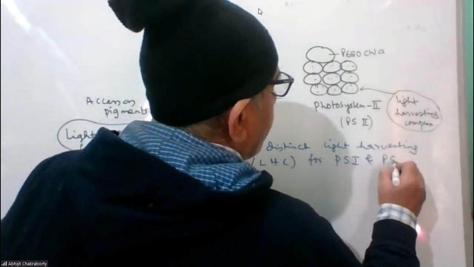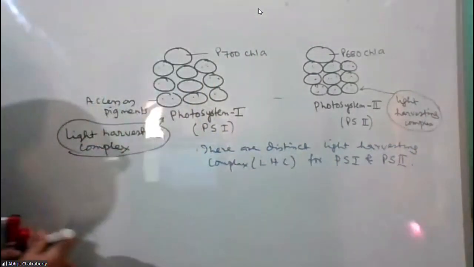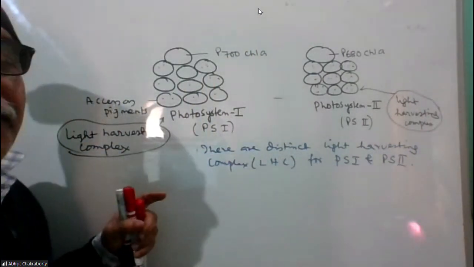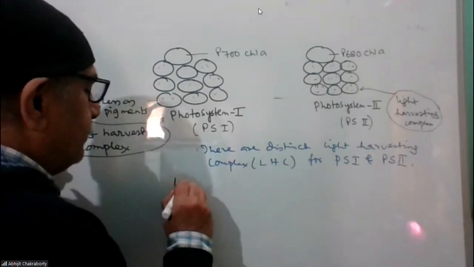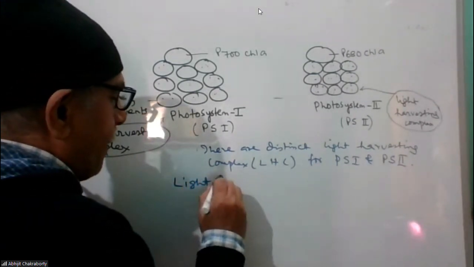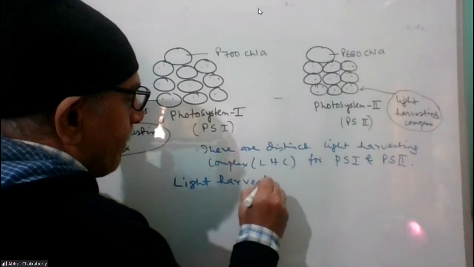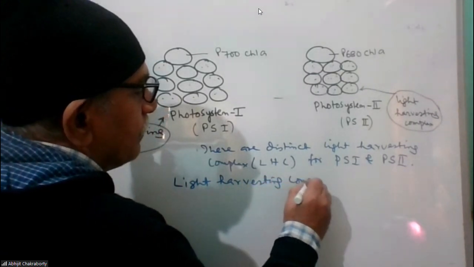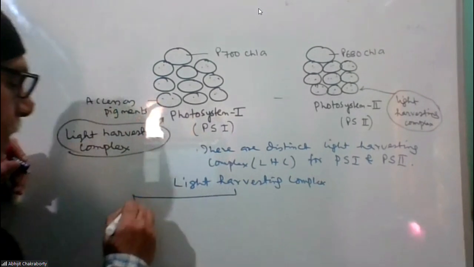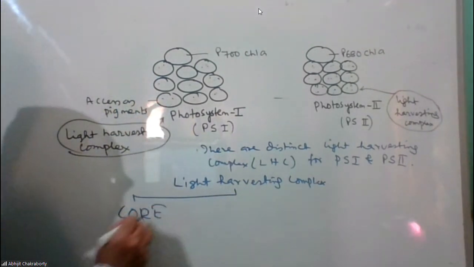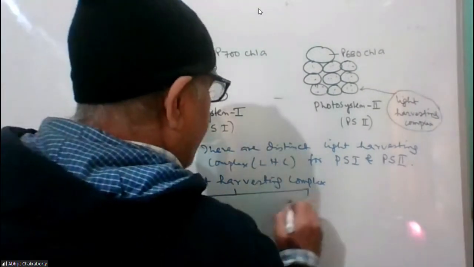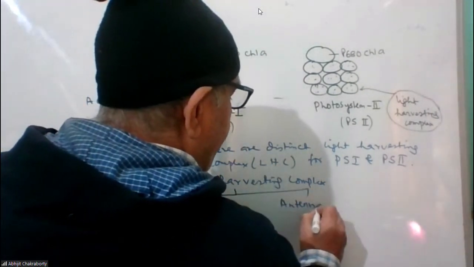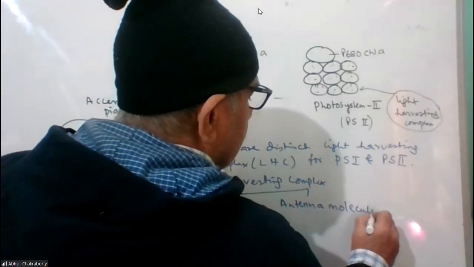It is not that these two are the same. Light harvesting complexes are found different, and in both, one is the core, in the center, and antenna molecules are in the periphery.